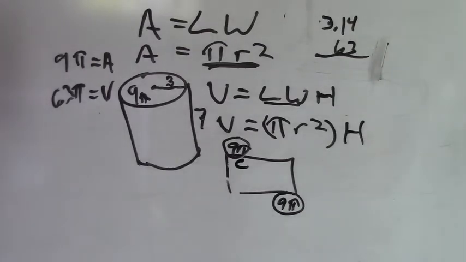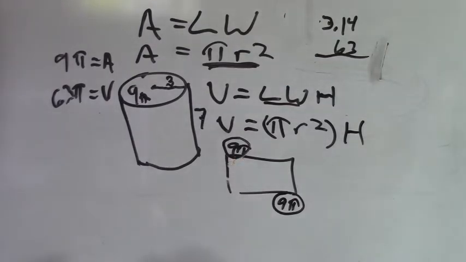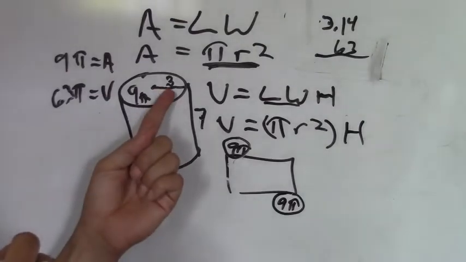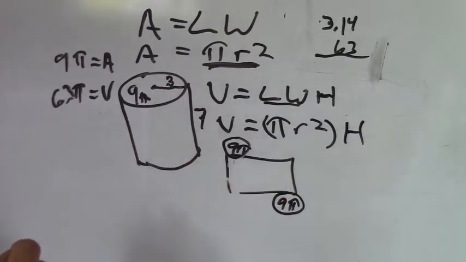You wrote it down, little boy. Look on your thing. Circumference is the same as pi d, which was the same thing as 2 pi r. All right, so do you know what r is? R is 3. All right, so what's my circumference?